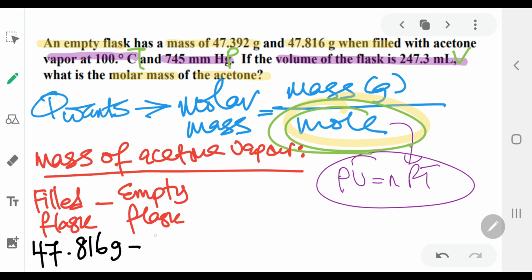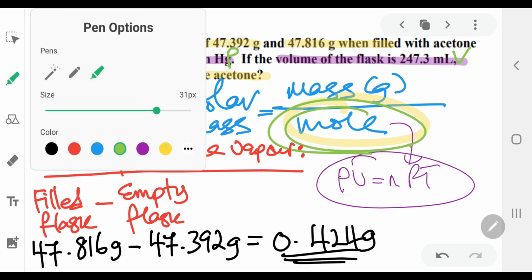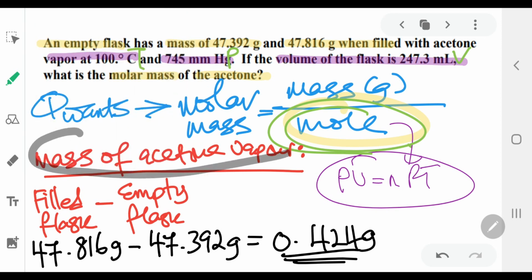You minus 47.392 grams. So the mass of your acetone vapor is about 0.424 grams.